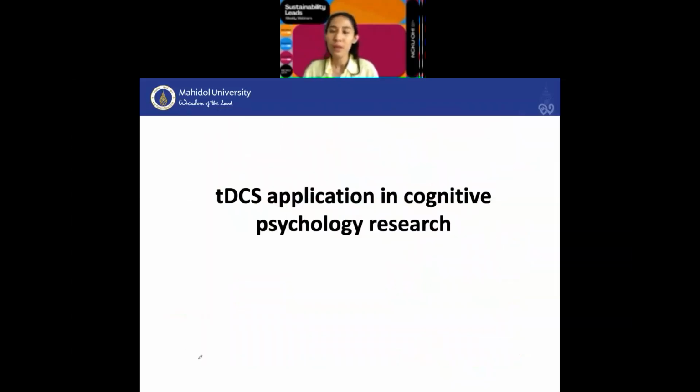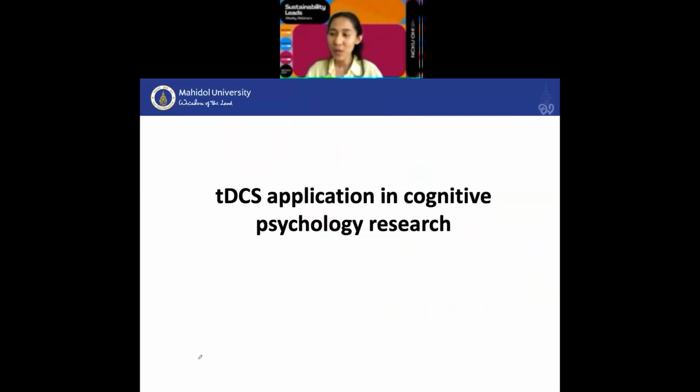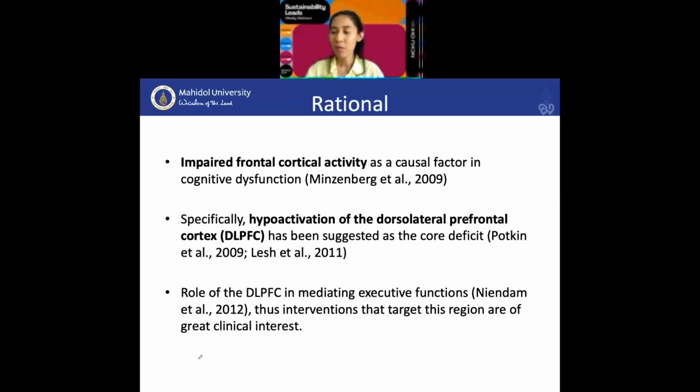All right. So I still have 15 minutes for tDCS applications in cognitive psychology research. Again, this is not my expertise, but I reviewed it for you.